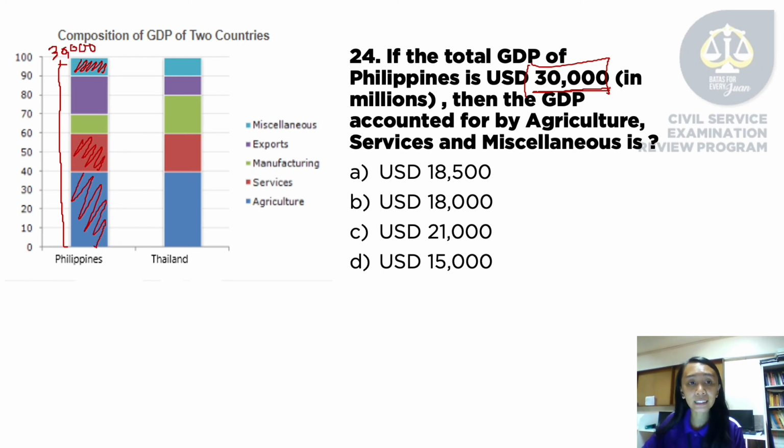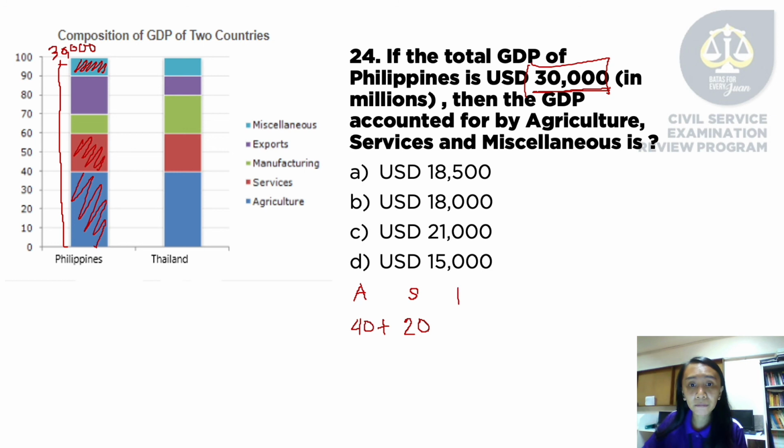So, the first step is we need to add, sum up po, ilang percentage yung na-account ng tatlong ito. Let's start with agriculture. That is 0 to 40. So, I have 40%. Plus, for my services, that is 40 to 60. So, 60 minus 40, that is 20.